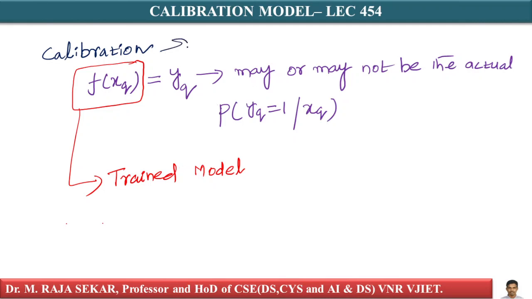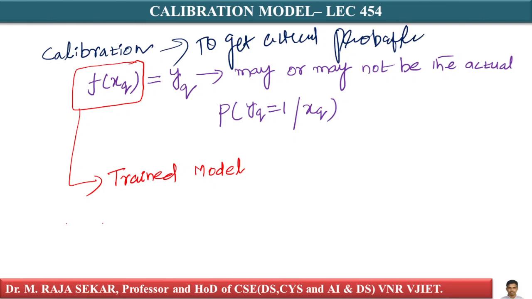Why do we need this calibration? To get actual probabilities. Actual, not proportional.